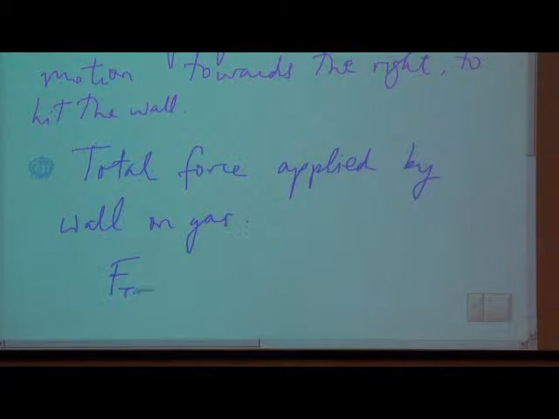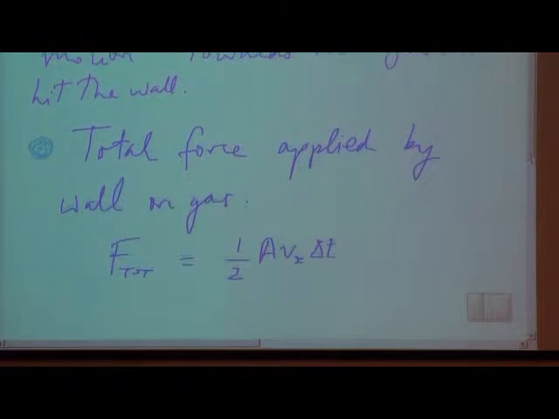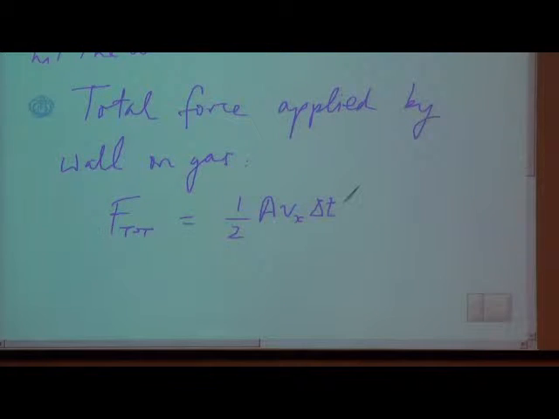F total equals the number of molecules that collide with the wall within delta T, which is this, times the momentum they exchanged.